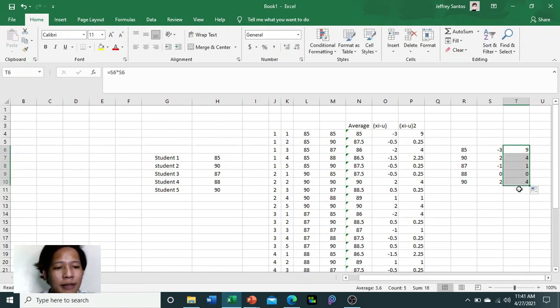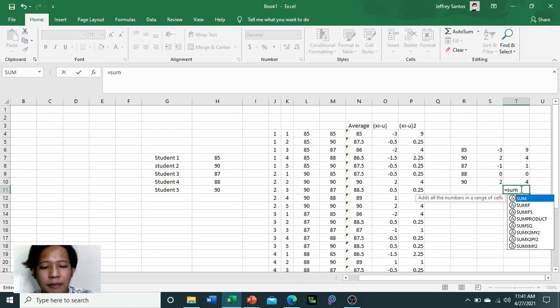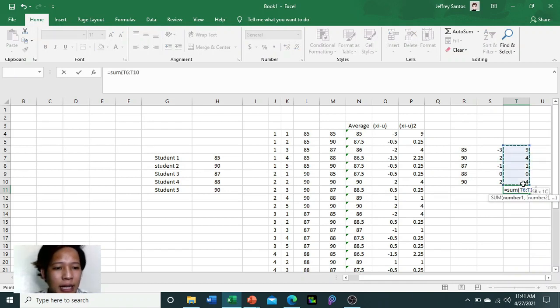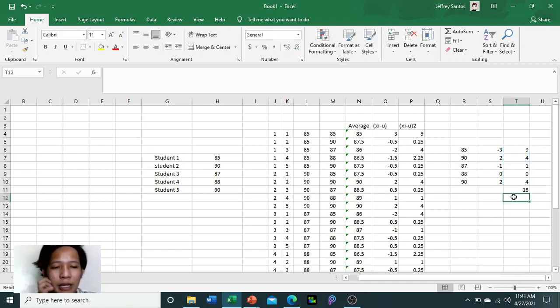And then we have that, and then we got the sum. And then we divide it with the total number of participants or persons in your population. So that is 18 divided by 5 kasi lima yung estudyante mo, so we have 3.6.